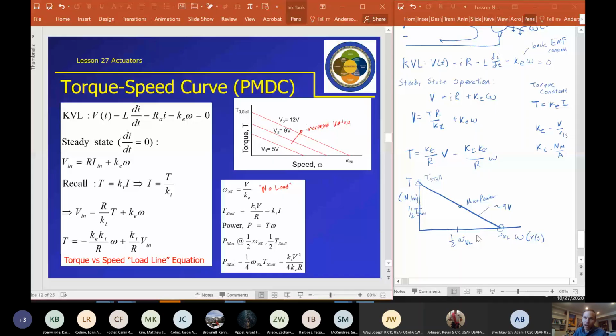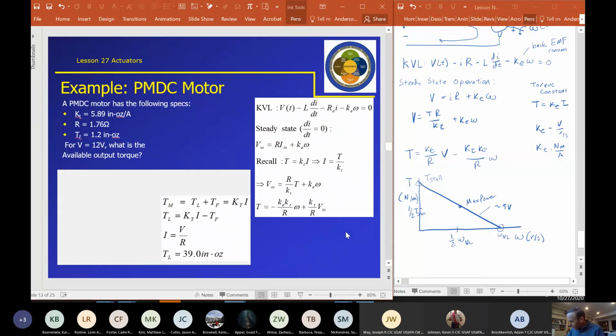When you run slow, you're drawing a lot of current, and so resistance in the windings is very high, and that is more dominant than friction is. So in general, you want to run at a lower current and a faster speed. That's why we put gearboxes on DC motors, so that the motor can spin fast, and we use the gearbox to step it down to a slower speed with a higher torque.